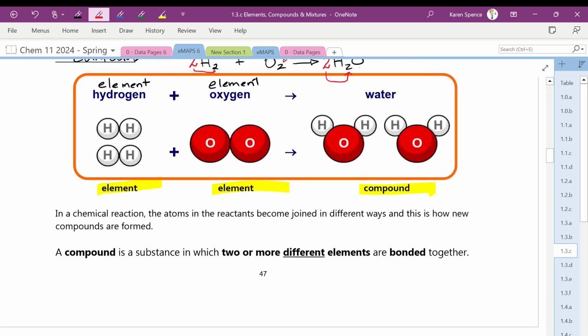All right, so for a compound, you have to have 2 or more different elements bonded together.